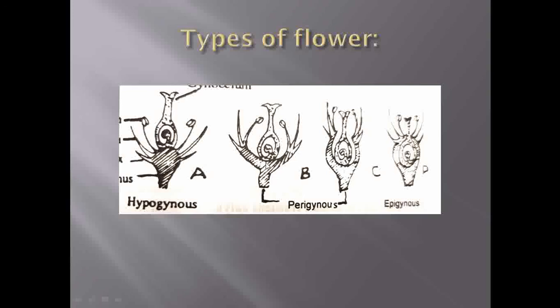That type of arrangement is called a perigynous flower. And in the epigynous flower, see here the ovary is inside and all the whorls are originating above the ovary. This type of arrangement is called an epigynous flower.